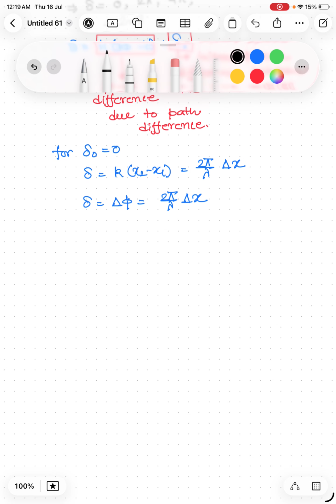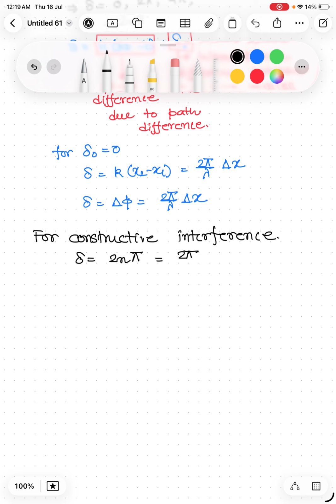Okay. Now, so we have got what for constructive interference: delta is equal to 2n pi, but delta is also equal to 2 pi by lambda into delta x.